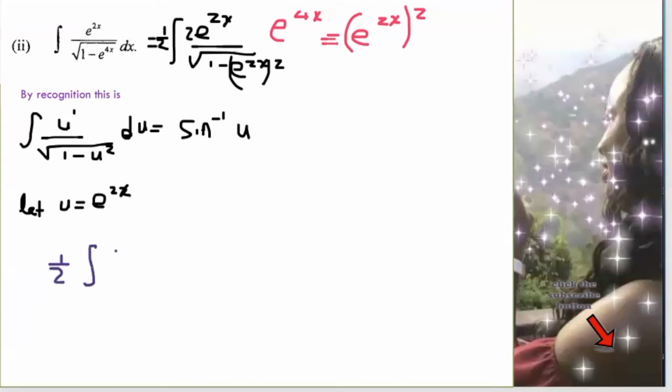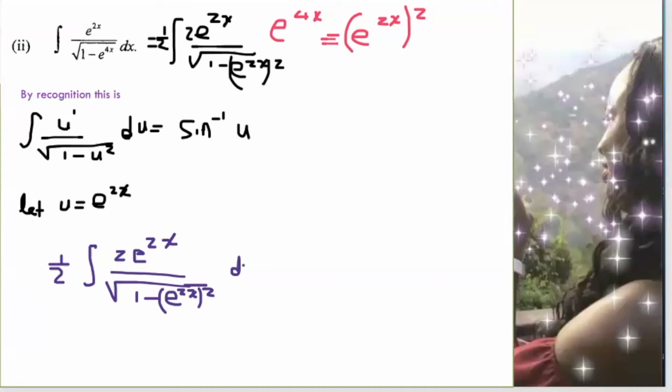So having my half on the outside, I will have 2e to the 2x all over root 1 minus e to the 2x all square. Having it looking like this, it looks like what I have above. As you can see, I have it in the form where you have the derivative in the numerator, and it's a derivative of u, or u is e to the 2x.